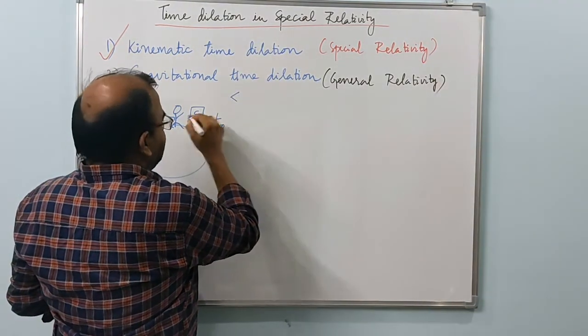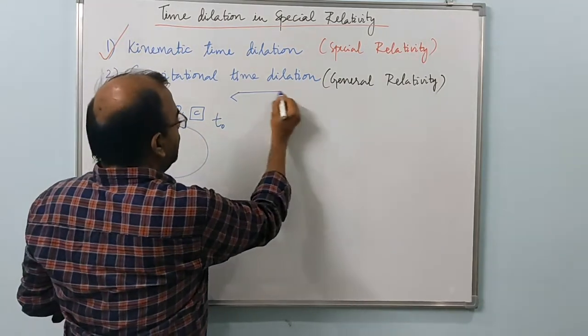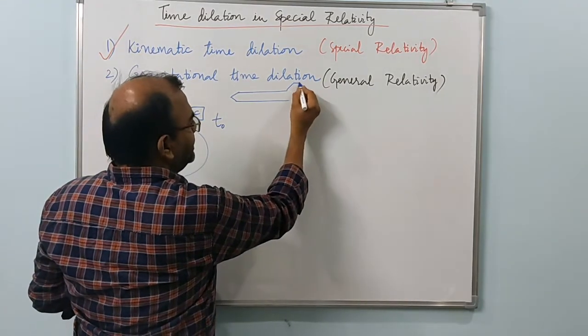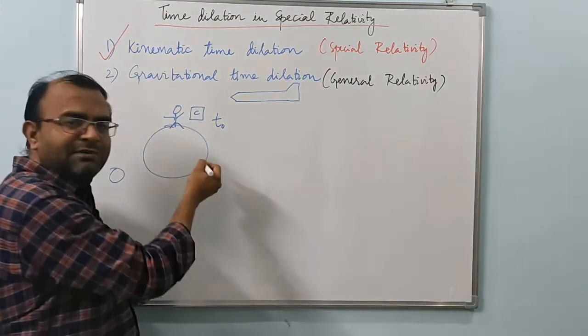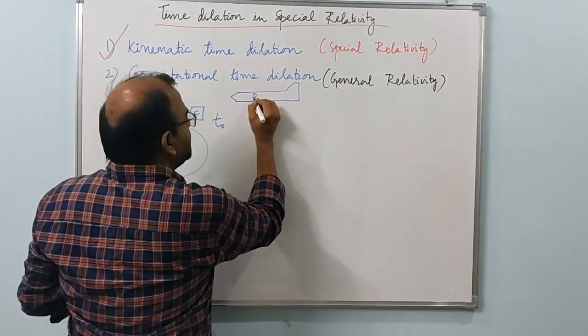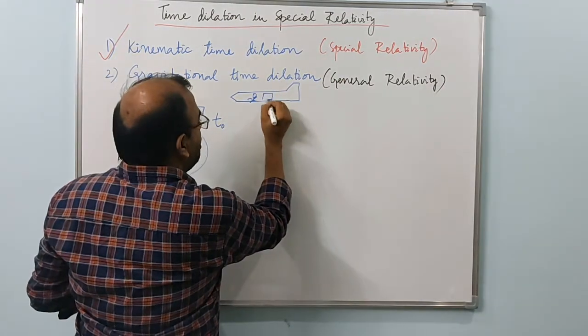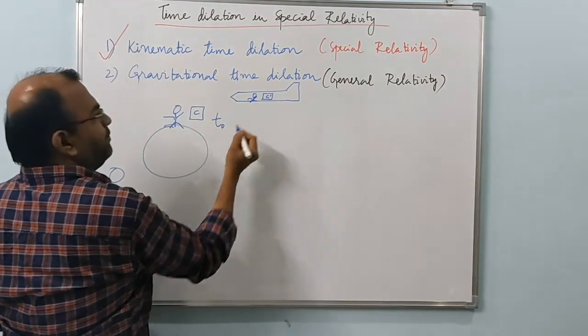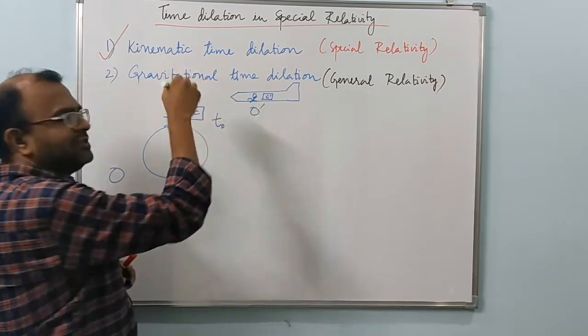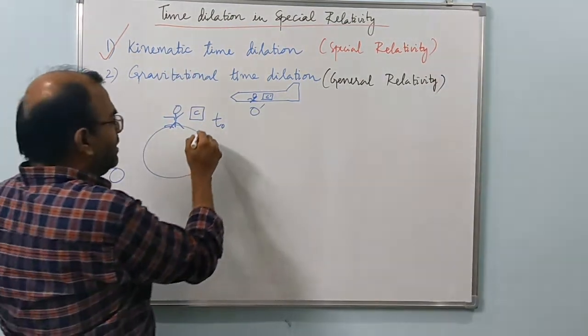If the same observer O compares, let us say, his measurement with another observer who is traveling, let us say, on a spaceship carrying another clock, let us call this observer O prime.